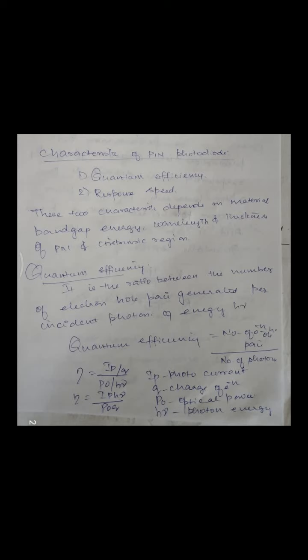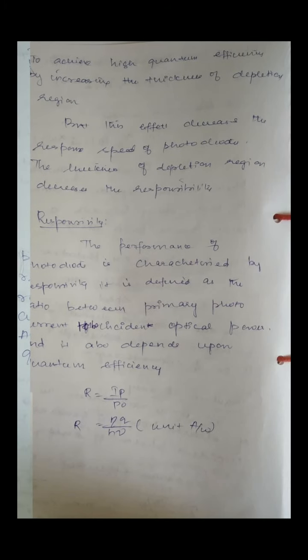Ip is the photocurrent, q is the charge of an electron, Po is the optical power and h mu is the photon energy. And the last one is responsivity. What is response? When something is given as an input, the system has to produce a response.